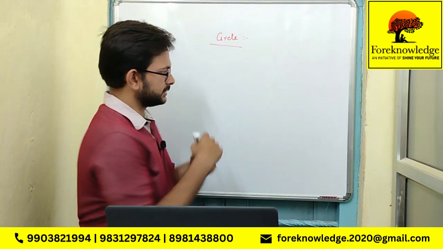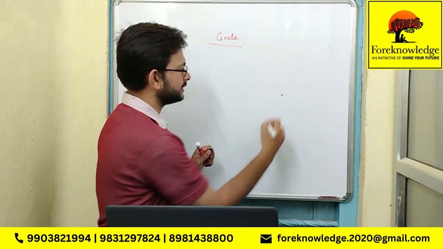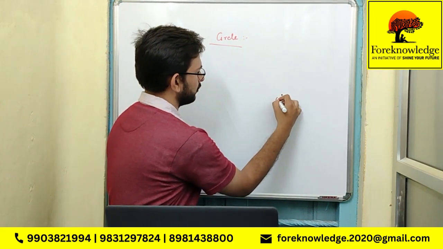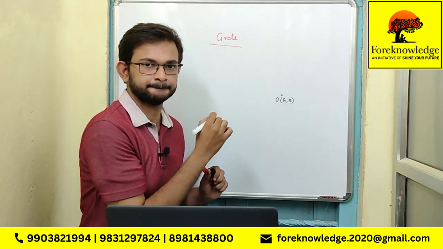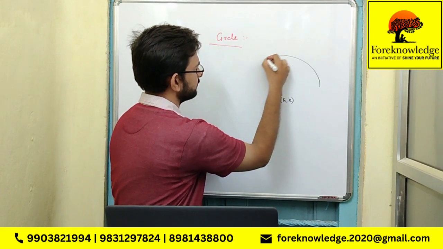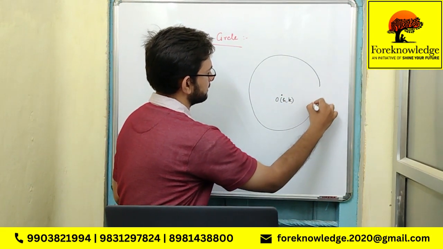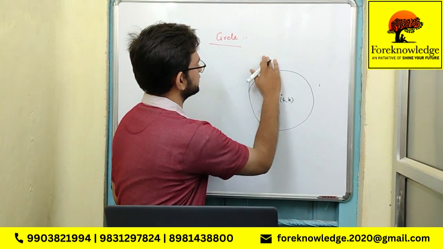As per the definition, suppose the fixed point, that means the center O, has coordinates h, k, and suppose this is the circle.